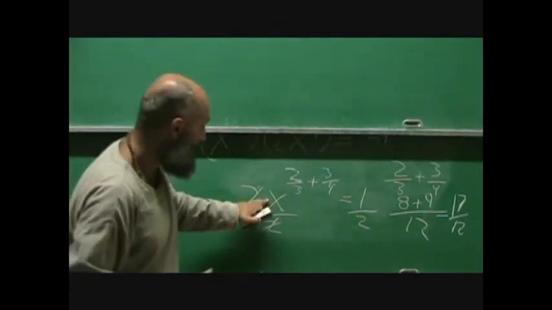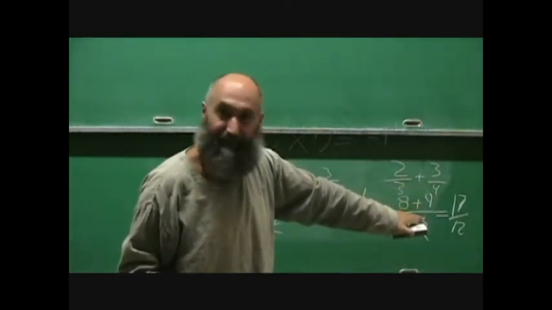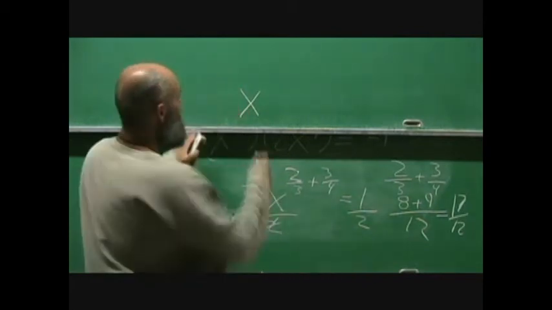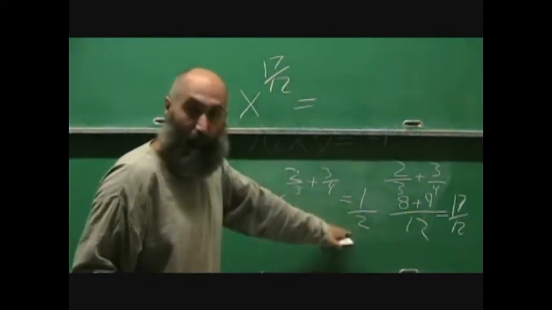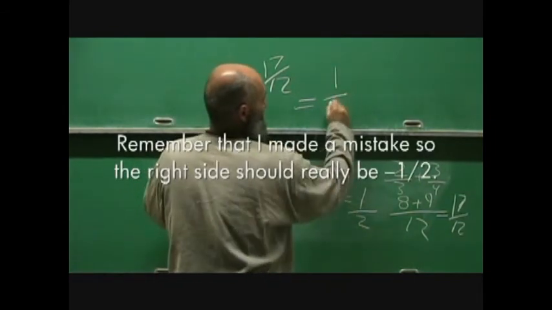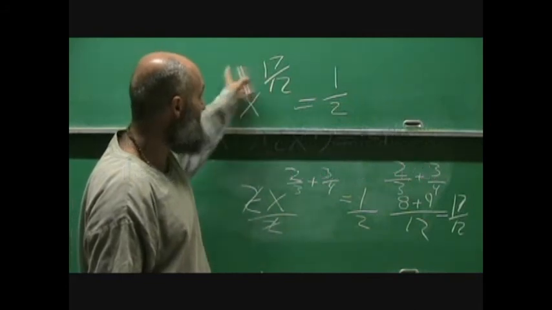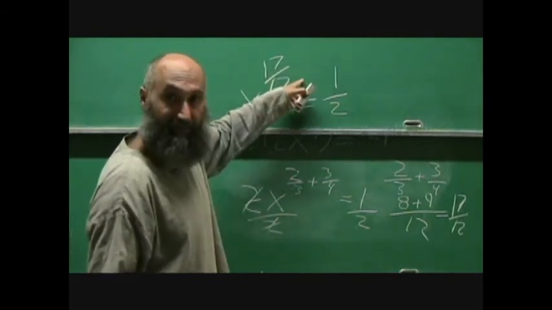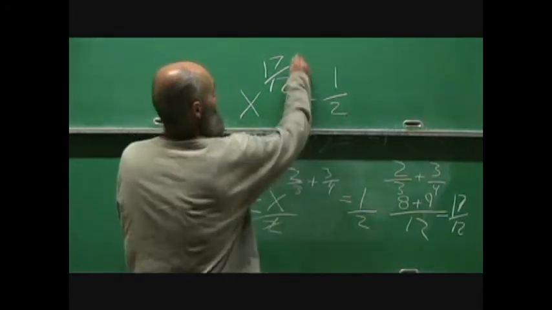So what we have here now is x to the power of 17 over 12 is equal to 1 over 2, right? And the way you get the x by itself now is you take this side to the power of 12 over 17. That means you have to take this side to the power of 12 over 17.